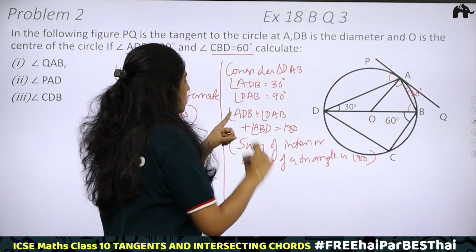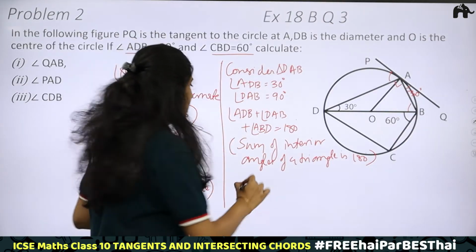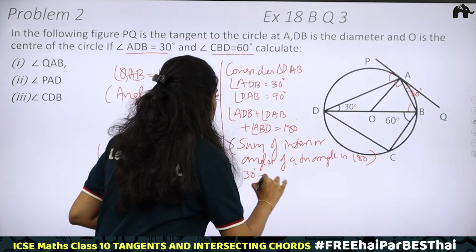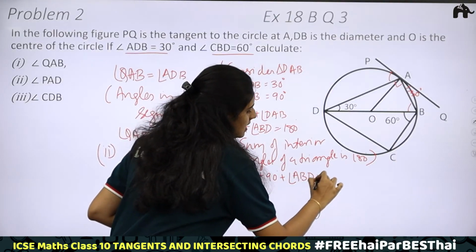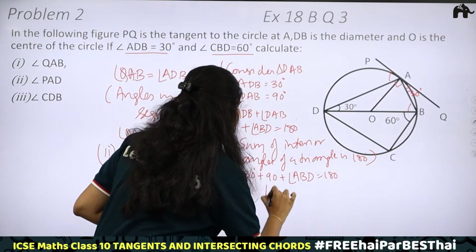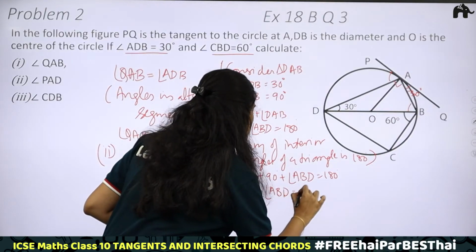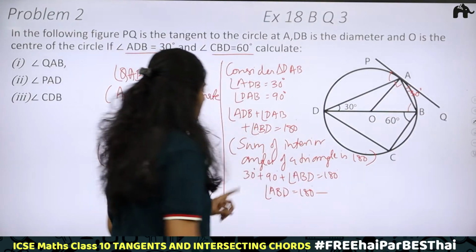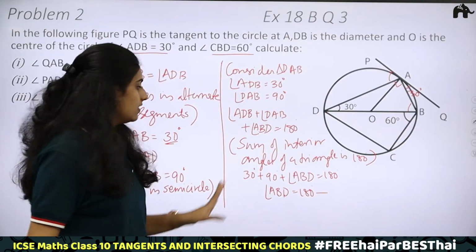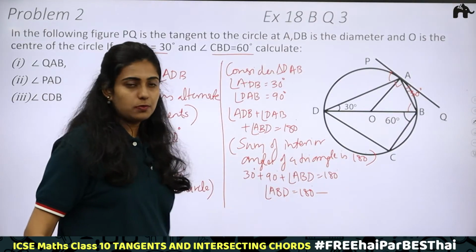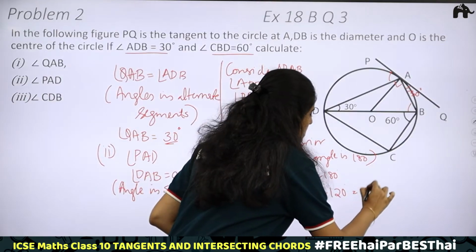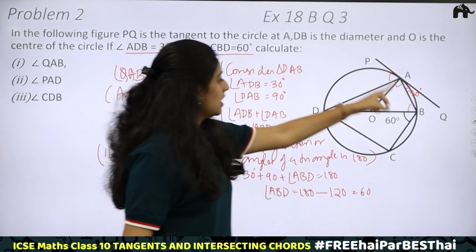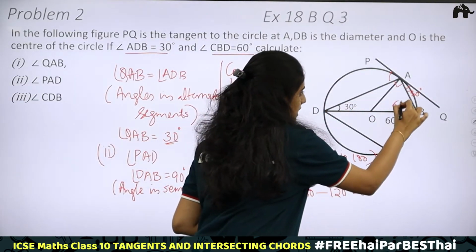Okay. Now ADB is 30 degree, DAB is 90 degree plus ABD, which we have to find, is equal to 180 degree. Then what is ABD? ABD will be equal to 180 degree minus. Here 30 plus 90 we get 120. Taking 120 to the opposite side, 180 degree minus 120 degree, and that is equal to 60 degree. So we got ABD. This angle is 60 degrees.